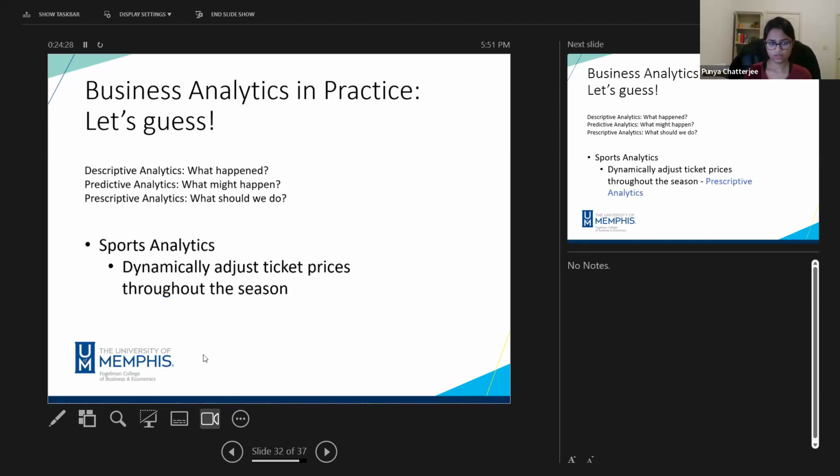All right, next one is an example from sports analytics. If you have bought any kind of sports tickets, you might have noticed that the ticket prices dynamically change throughout the season, right? So sometimes maybe very close to the game, the ticket prices are too high. Maybe farther away, the ticket prices are low.